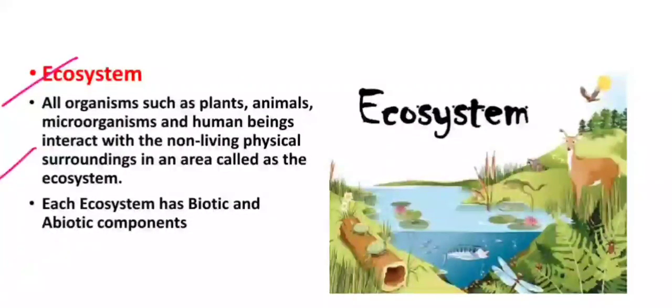Now next is ecosystem. An ecosystem is one in which all organisms such as plants, animals, microorganisms and human beings interact with the non-living physical surroundings, and it has biotic and abiotic components.